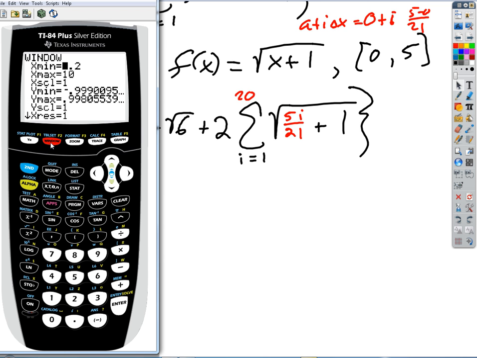and make the window go, I don't know, 1 to 6 or something. We'll just go zoom 0, zoom fit. Let the window scale itself up. I'm going to make y min go down to -1.